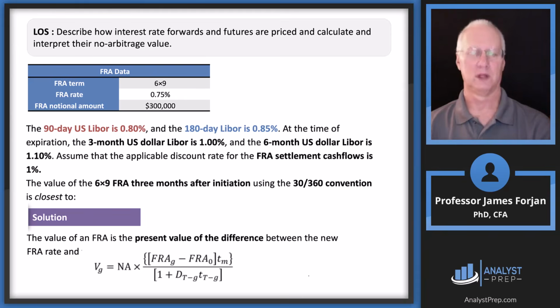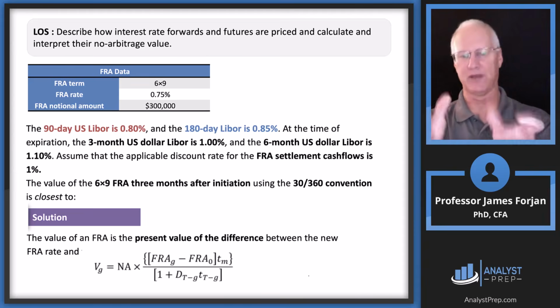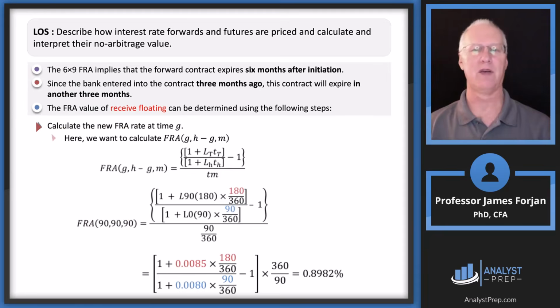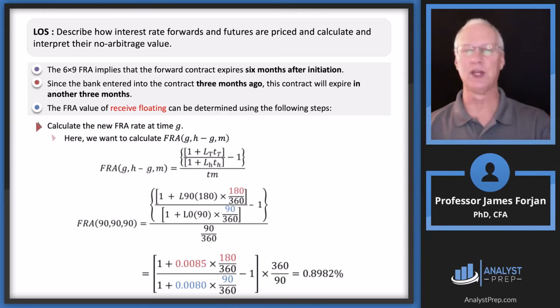Valuing the 6/9 FRA 3 months after initiation using the 30 and 360 convention, all we're going to do is take the present value of the difference between what we had before, that 0.75, minus, well, we have to compute this. So we're going to do this again.